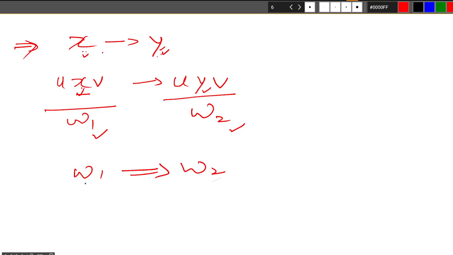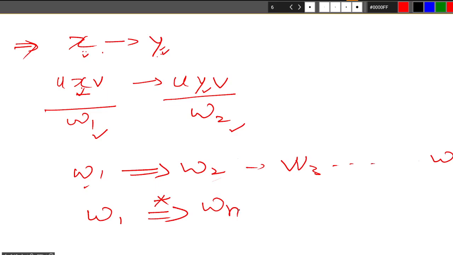Suppose you started with word 1, word 2, you got word 3, and so on to word n. You can write it as word 1 to, let me put a star here, word n. This is a possible way to represent derivation of word 1 to word n.